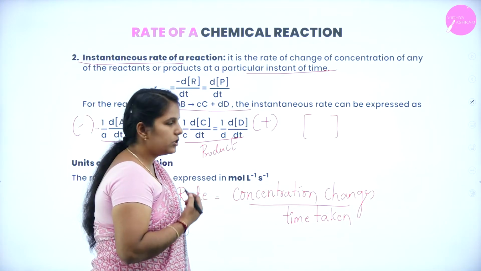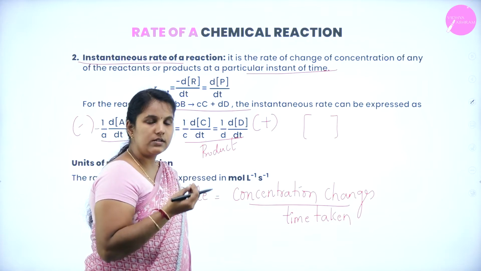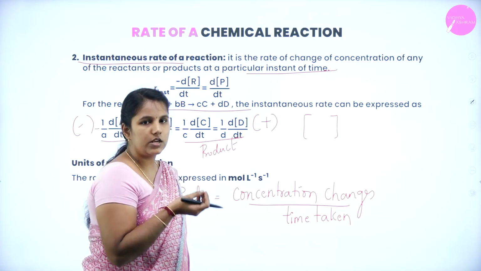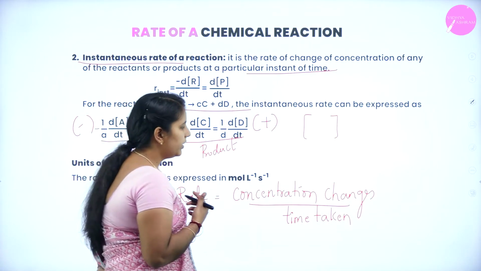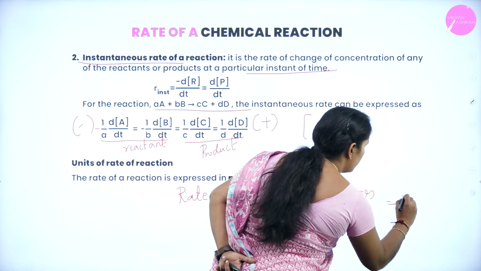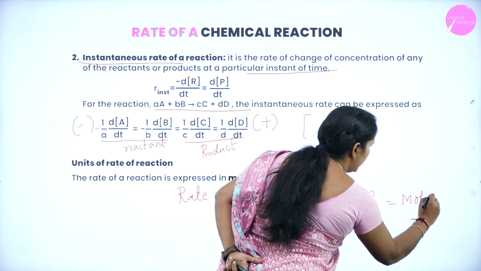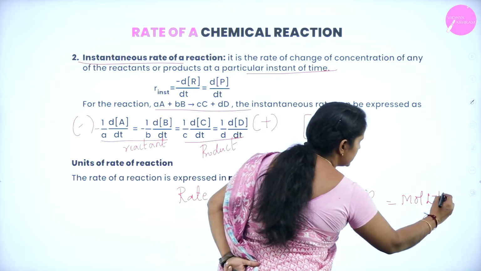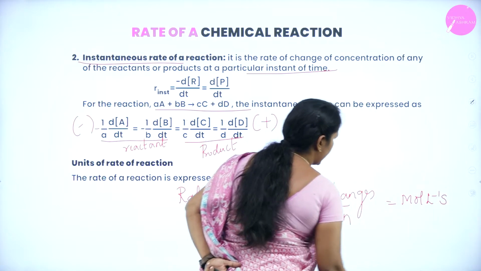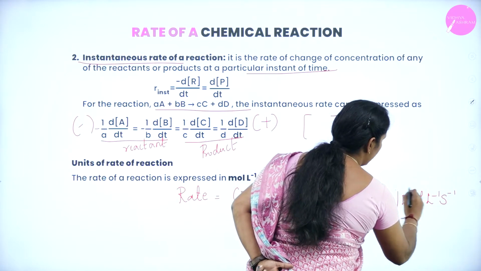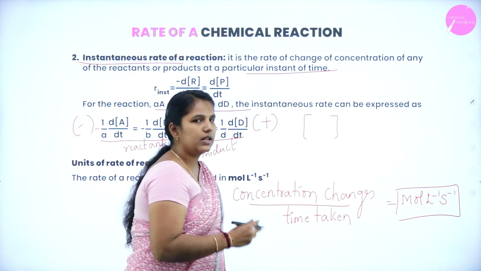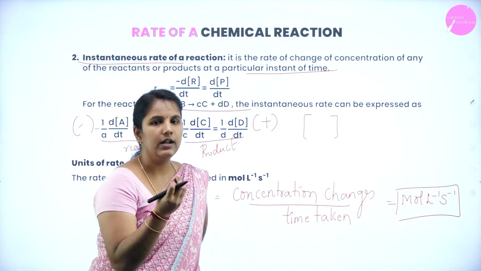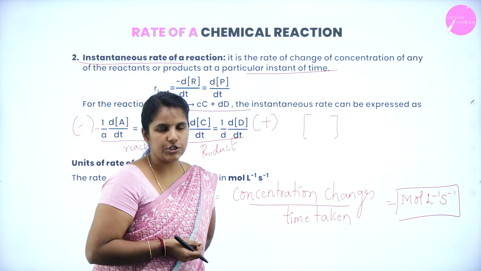Is it right? So it will be mole per liter, and time will be expressed in seconds, per second. This is how we express the unit of the rate of the reaction.